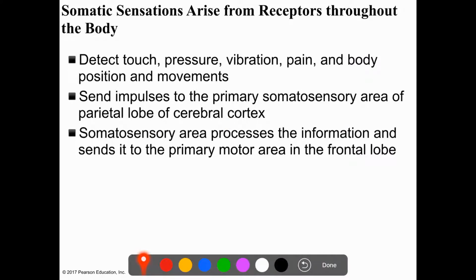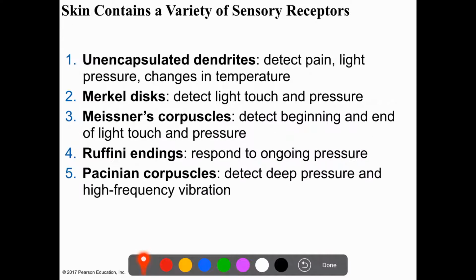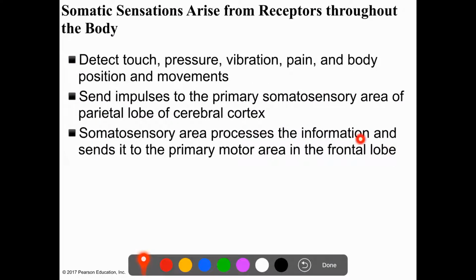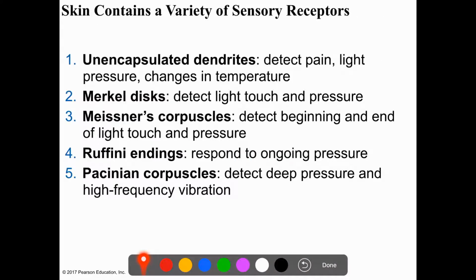This area is responsible for processing the information, and it will analyze the information and send it to the primary motor area in the frontal lobe. And this area in the frontal lobe is responsible for sending out the orders or the decisions.